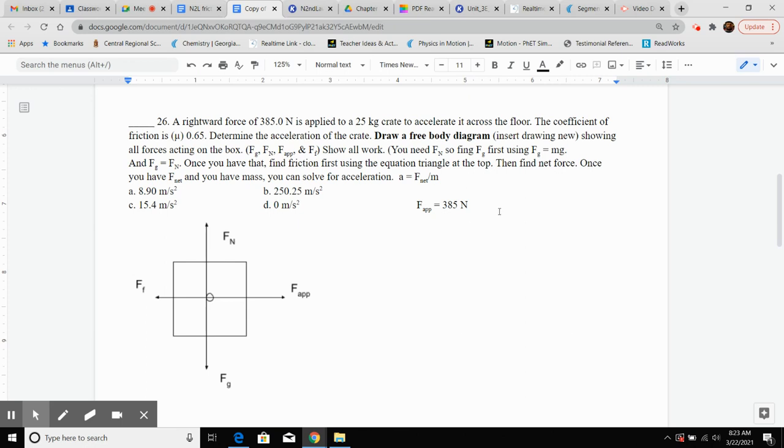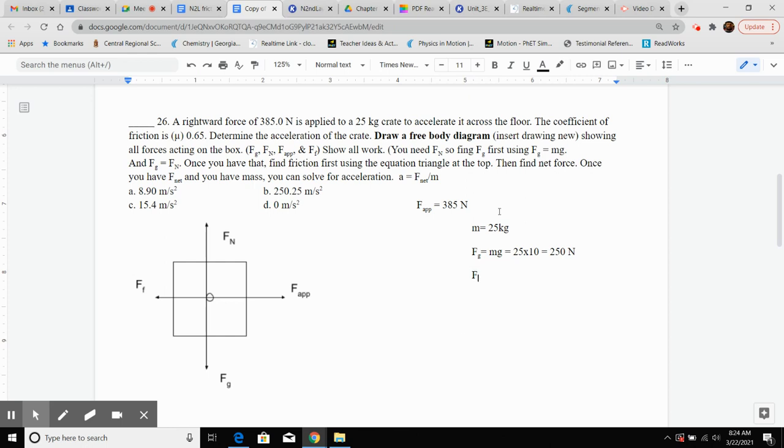All right, so we have that. We have a mass of 25 kilograms. So we have that. Now, F sub G is equal to mg, which is equal to 25 times 10, which gives us 250 newtons.